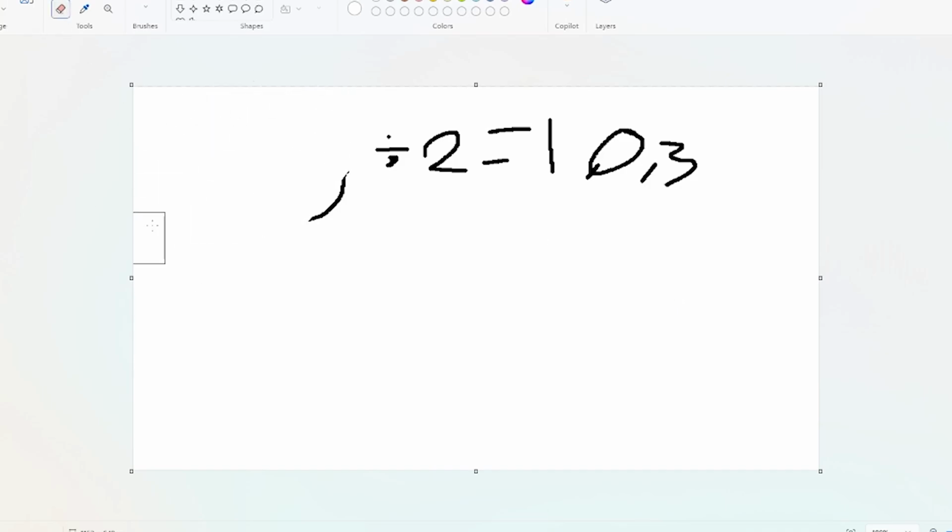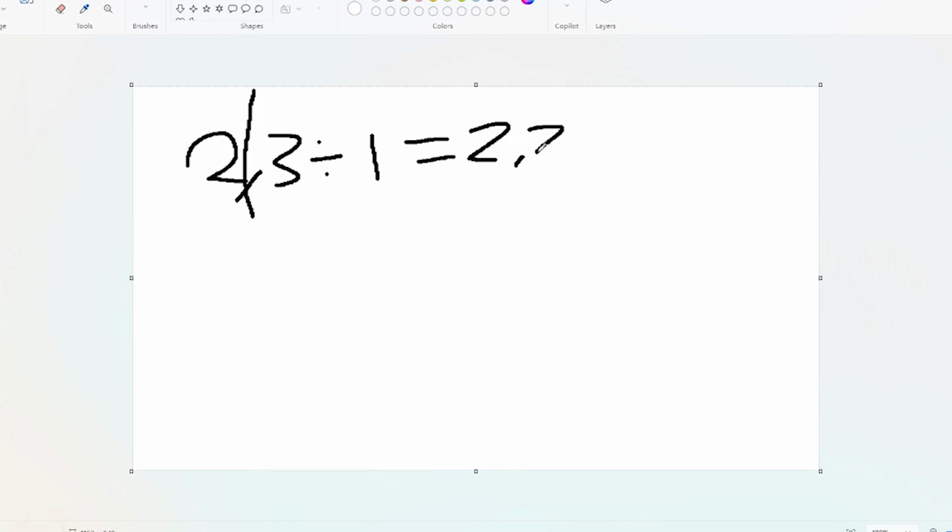So this can be a little bit difficult to understand. Let's try 23 divided by 1. We put 1 strike here, and this will separate the 2. And the answer ends up being 2 and 3. So think about it as the opposite of what addition does.